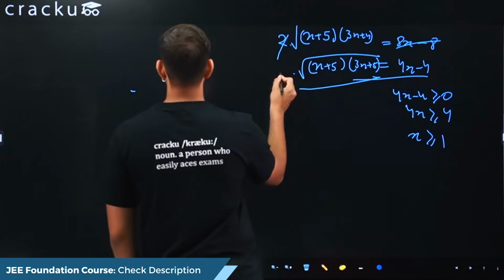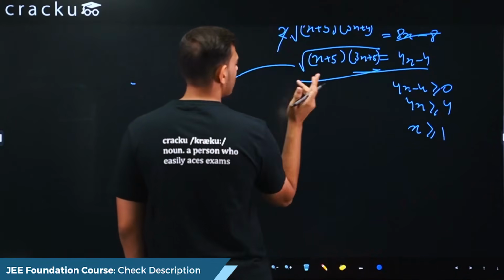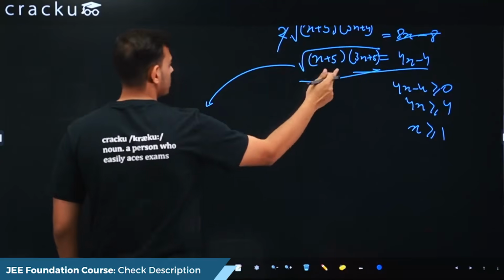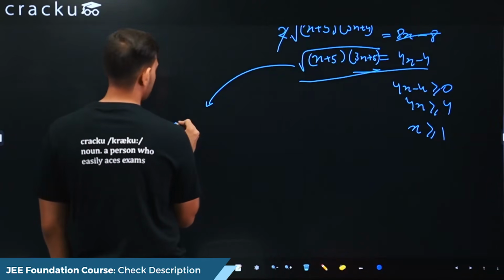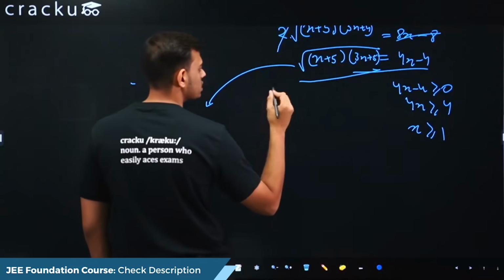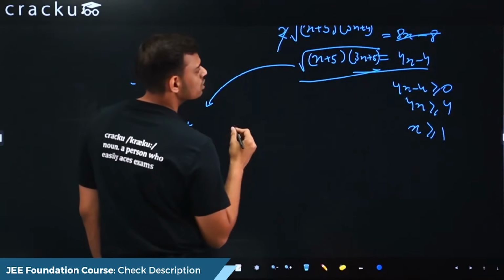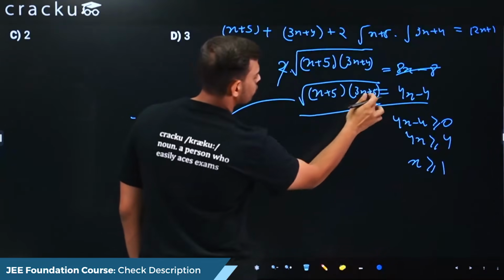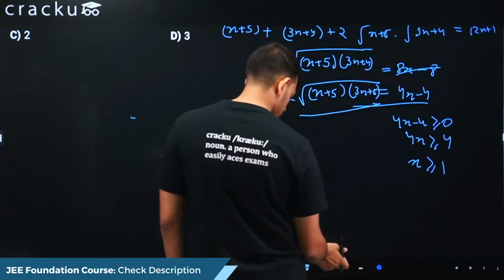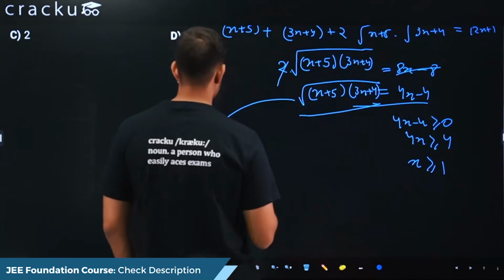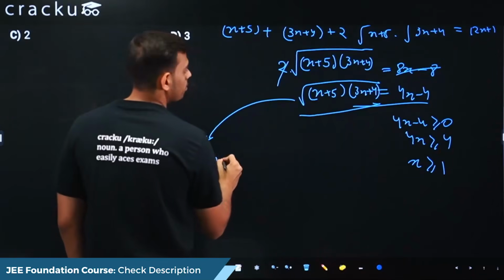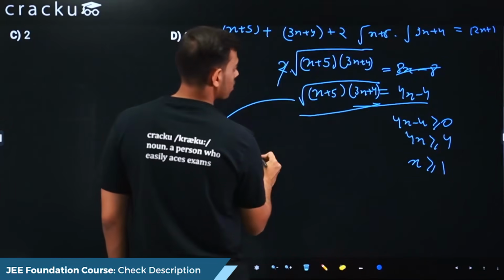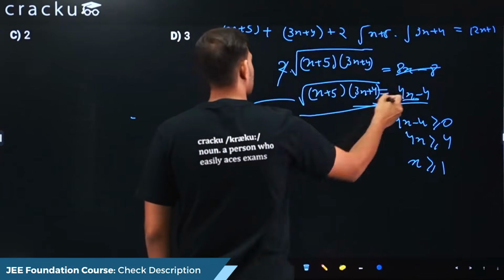Now let us try to solve it further. I'll again square on both sides. I will get here, the root will cancel out. I'll get 3x square plus 15x plus 4x, this is 4, okay, my mistake. So this is 15x plus 4x, 19x plus 20 equals to square of this, 4x minus 4.